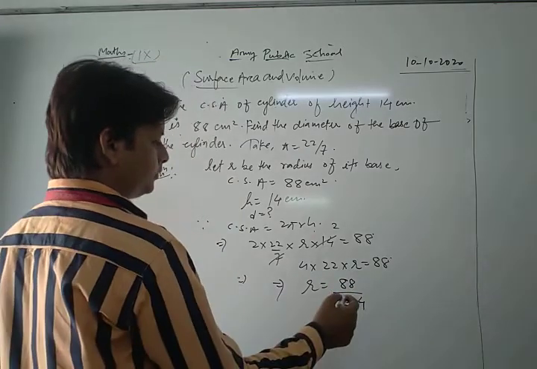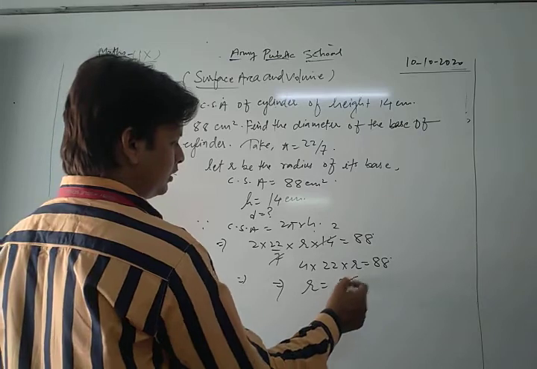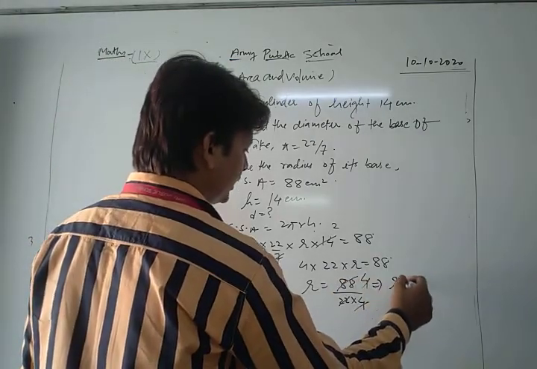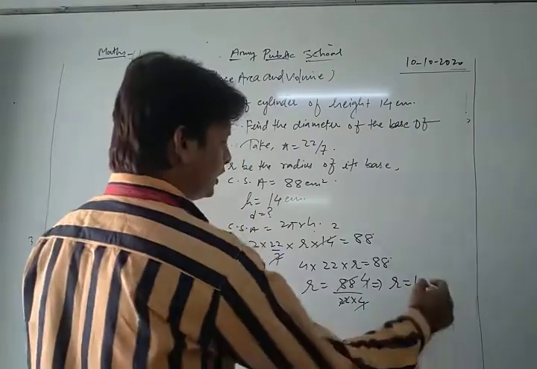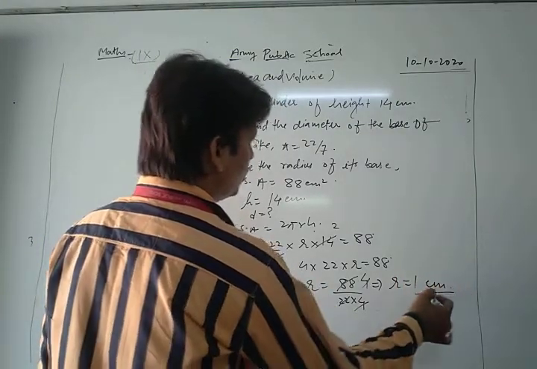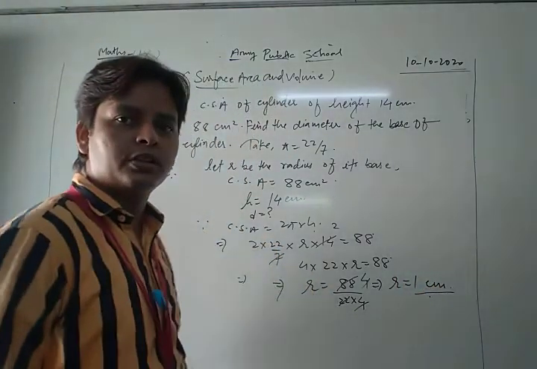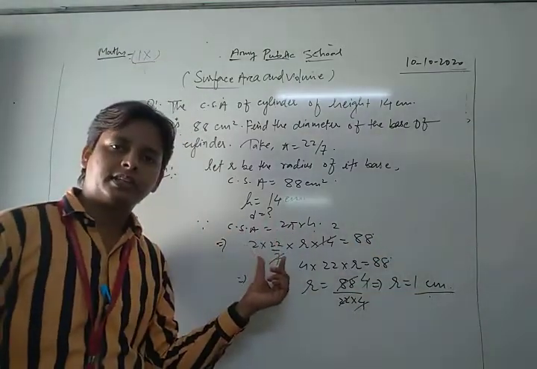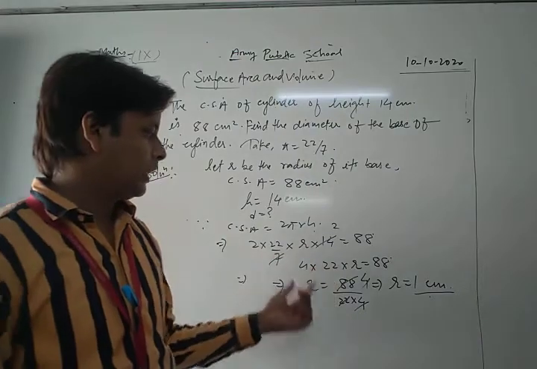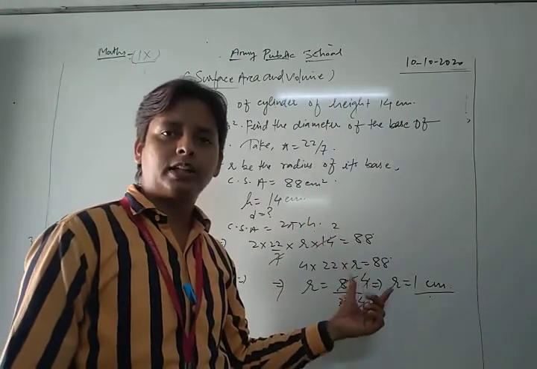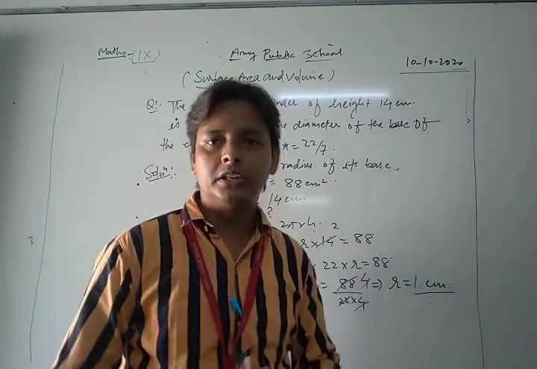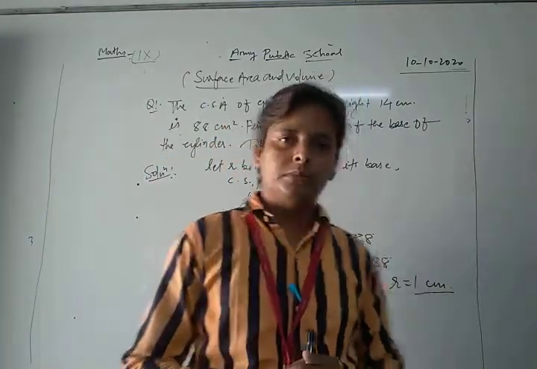Now 22 into 4 is 88, and they cancel each other. Thus the radius of the base of the cylinder is 1 centimeter. In this way, dear friends, we apply the formula for the curved surface area of the cylinder, put all the values, simplify, and get the radius of the cylinder as 1 centimeter.